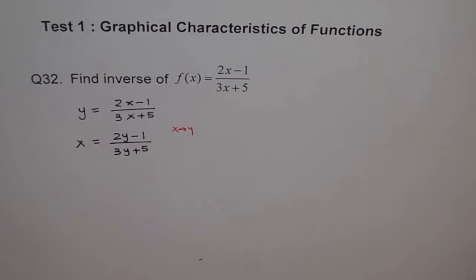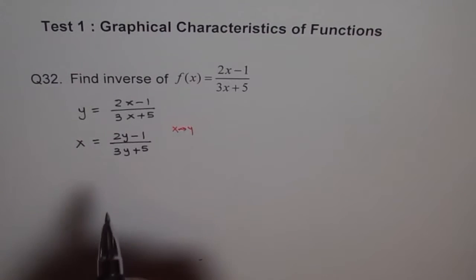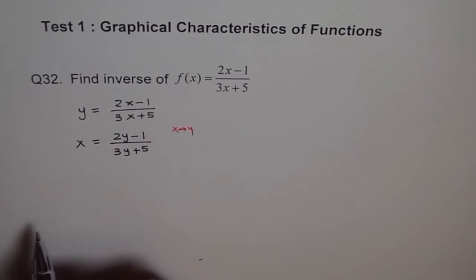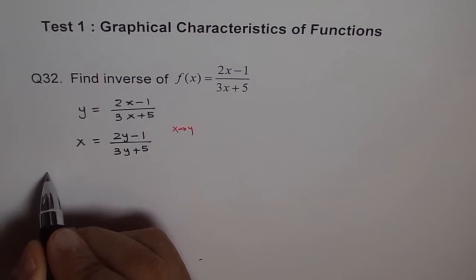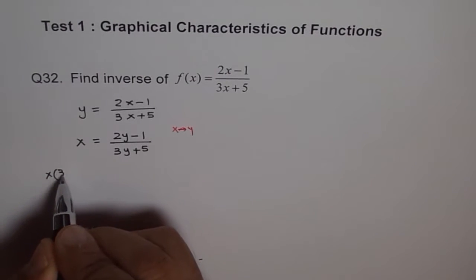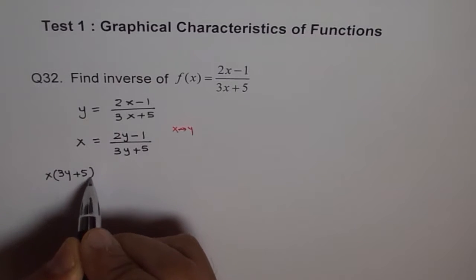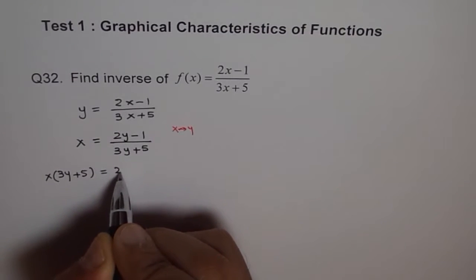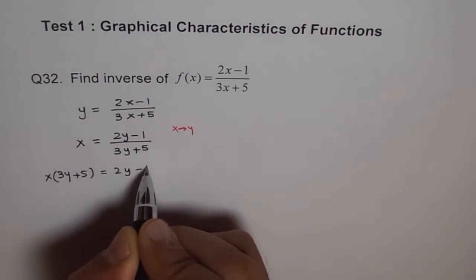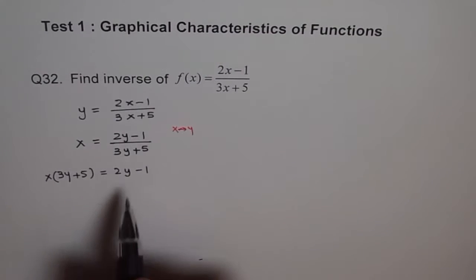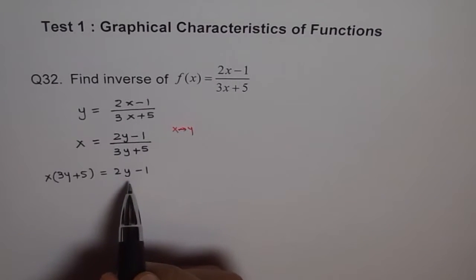And now the next step is to solve for y. So to solve for y, let's cross multiply. So we get x times 3y plus 5 equals 2y minus 1. And now we have to solve for y, correct?